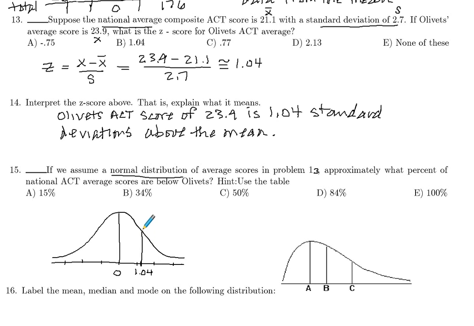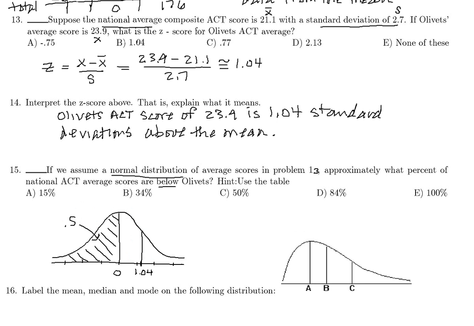And then what we want to know is what percent of the scores are below Olivet's. So how much is below? How much is to the left? Well, we'll have this piece right here to the left, and that's the left half of the bell-shaped curve. And that is 50% of the data, or 0.5. And then we'll have this area in here, which is below.